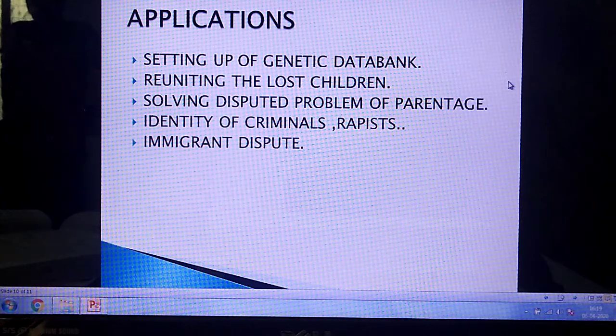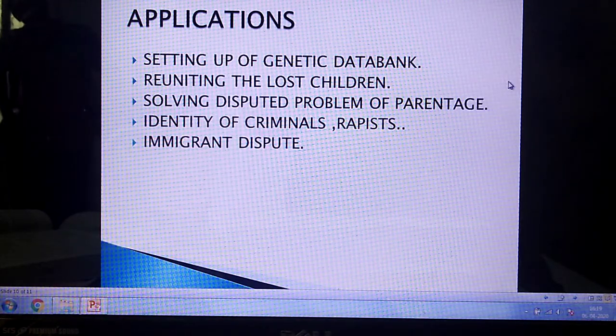The DNA profiling technique provides the following applications. Number 1, it provides the basis for setting up a genetic data bank.